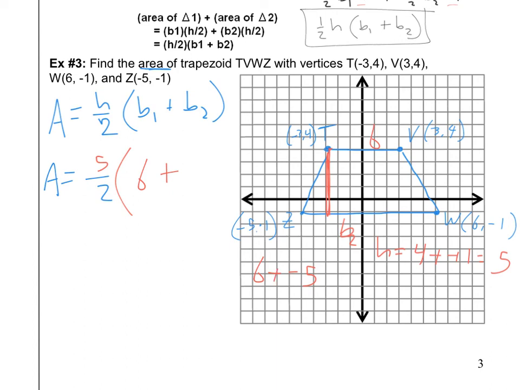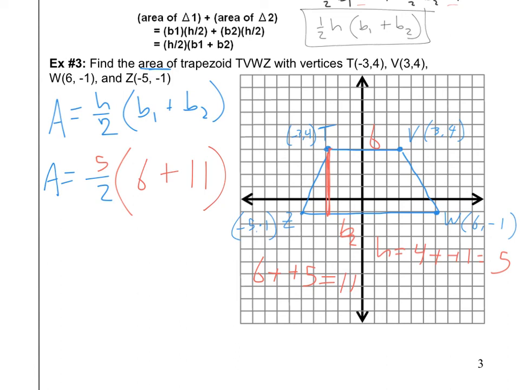So 6, double negative turns into a plus, so 6 plus 5 is 11. Now, if I wanted to, again, 1, 2, 3, 4, 5, 6, 7, 8, 9, 10, 11. Boom. And we have our two bases.